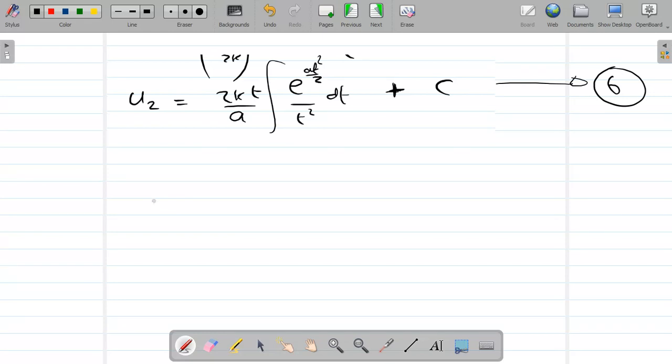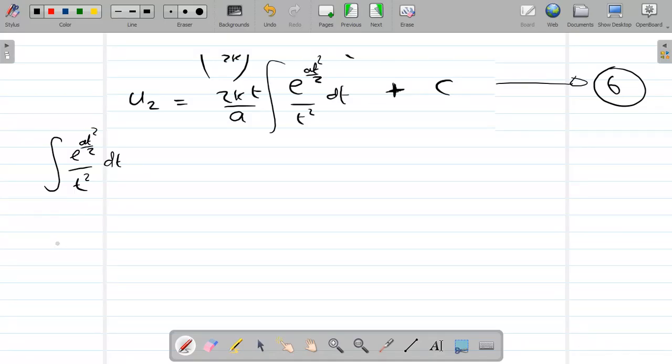Well, what is this integral? E to the a t squared over 2 over t squared. And we're going to try and solve it. My writing is, I'd like my writing to be neater, but anyway.